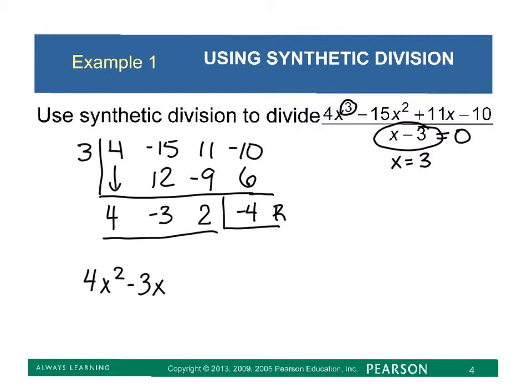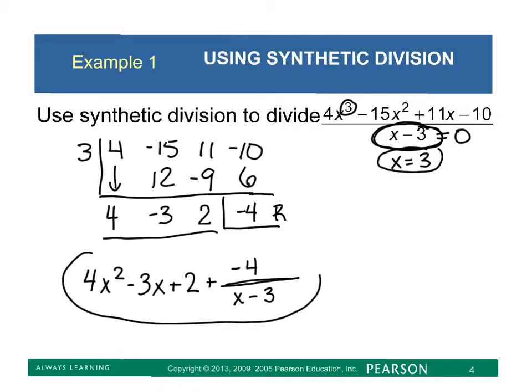And then plus 2. And then we're going to tag on our remainder, which is going to be plus 4 over our factor. Well, I circled the wrong one. It's going to be the x minus 3. So whatever we're dividing by up here is what we're going to put our remainder over in our solution, if we have a remainder. So there you go. There's our solution after dividing those two polynomials.